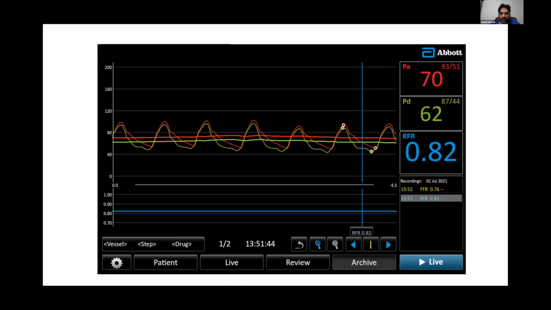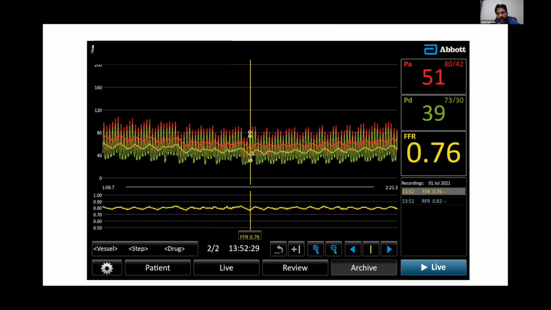The resting index would be in the ischemic range, and the FFR was in the gray zone, around 0.80. So at this point, we stopped.